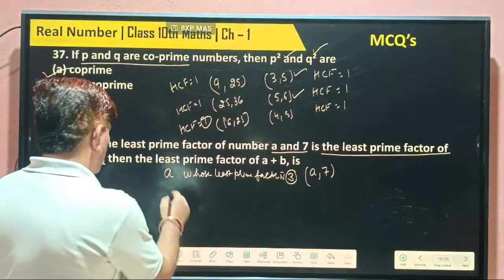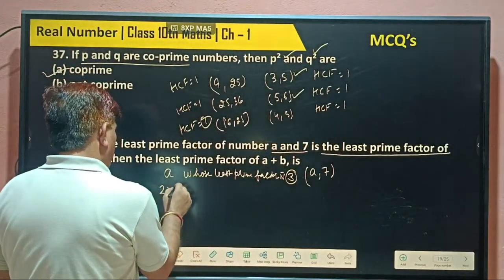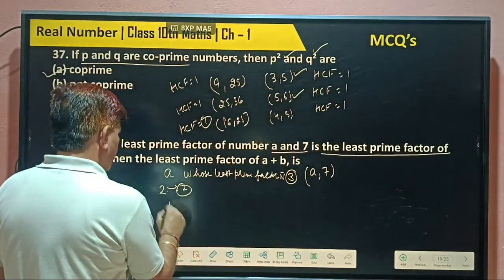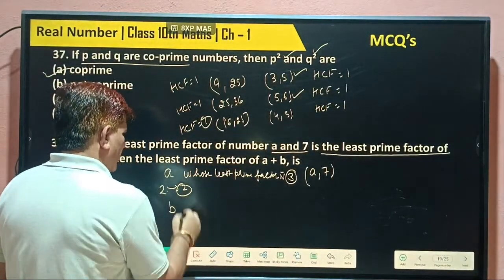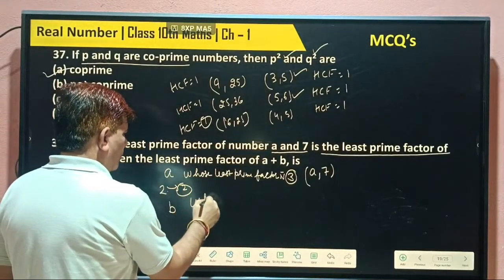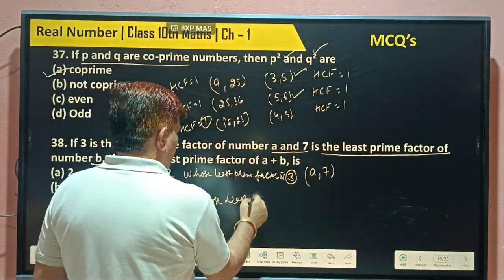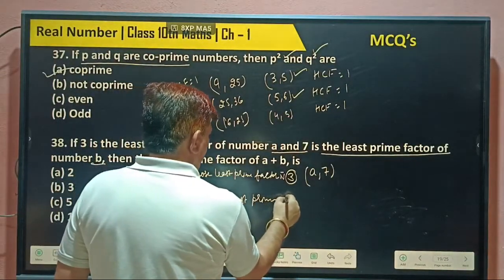If we take 2, 2 is also a factor. So one number is 3, and B is that type of number whose least prime factor is 7.